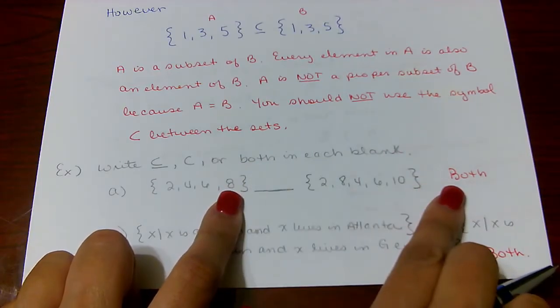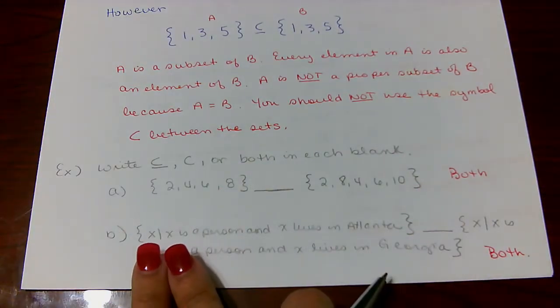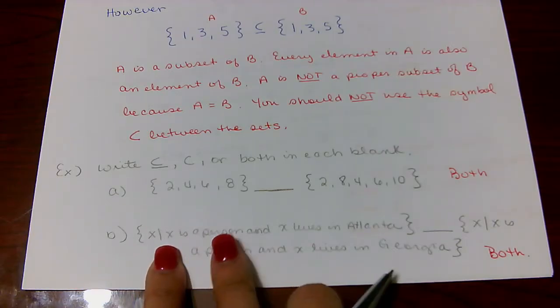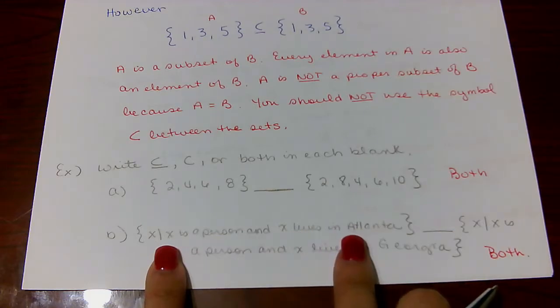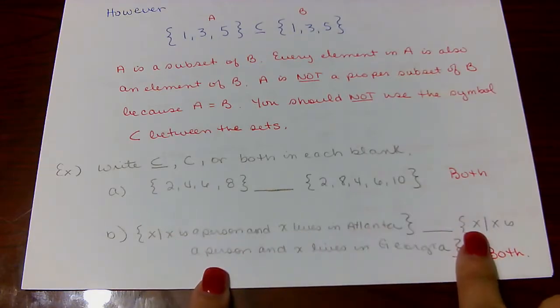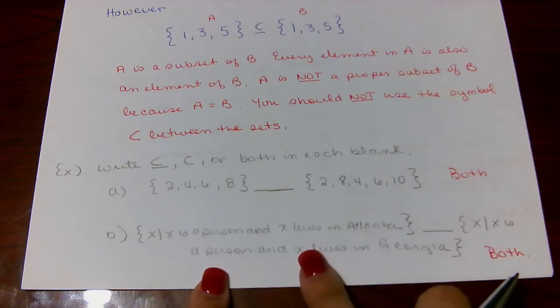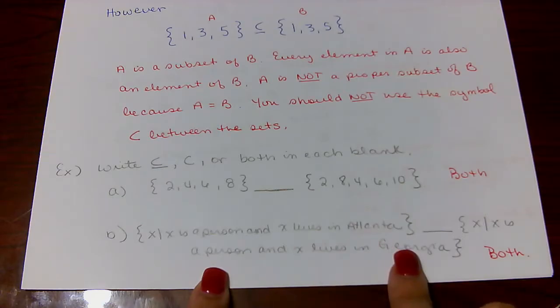Both is true. For part B, it says X is an element where X is a person and X lives in Atlanta. In your second set, it says X is an element where X is a person and lives in Georgia.